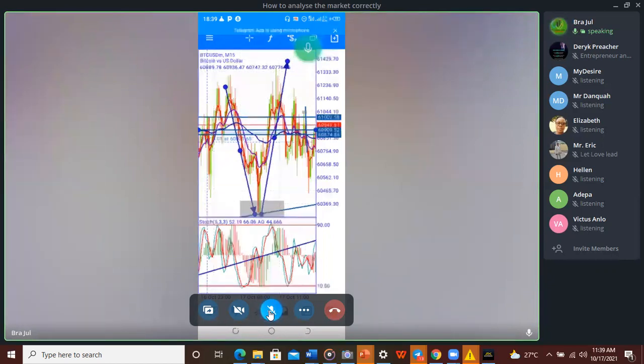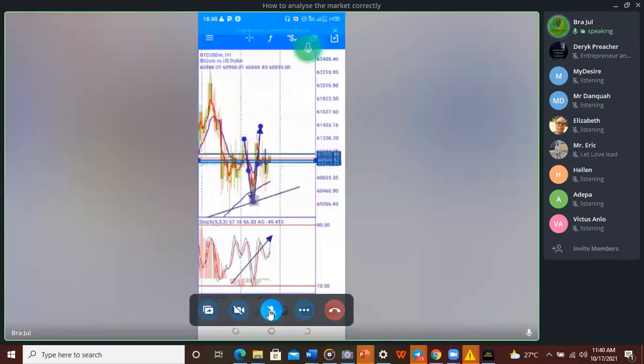You analyze the chart, go to the higher time frame H1, and then what I mark on the M15 is what actually happened on the H1. On the H1, it respected the block over here, which is the support level, where I drew the transparent block.